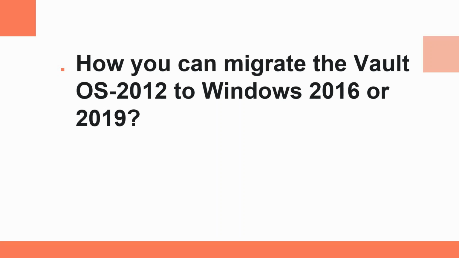First, we have to get the Windows 2016 servers ready, and we have to take the backup from the old systems using the replicator. Then we have to install the CyberArk in the 2016 servers, and we have to restore the same data in the newly installed environment. Okay, how can you restore that data?